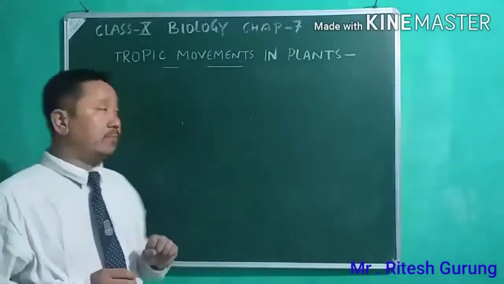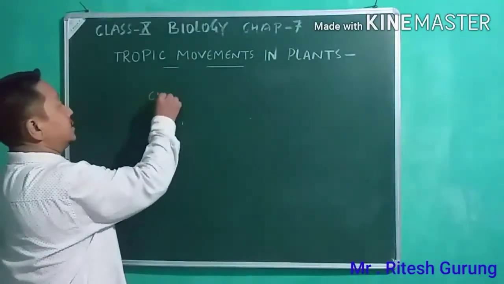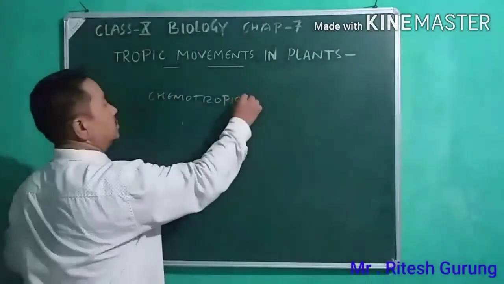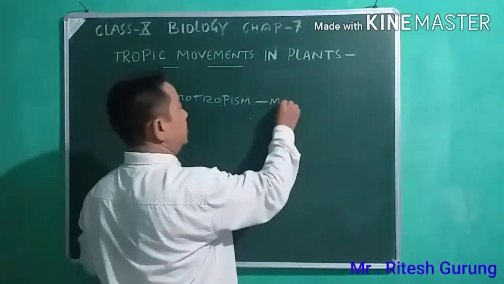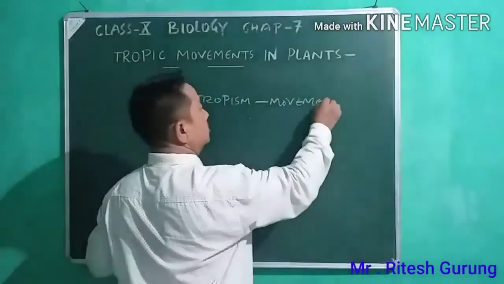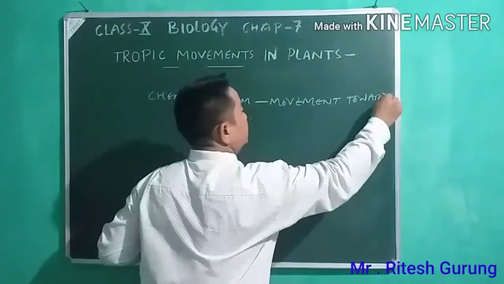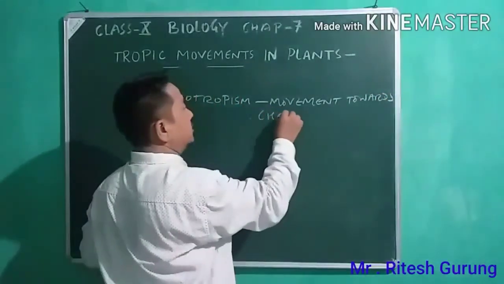Now the last tropic movement we have is chemotropism. Chemotropism means movement towards chemicals.